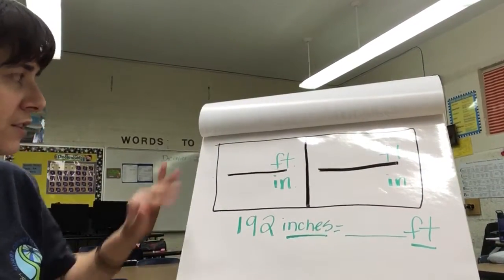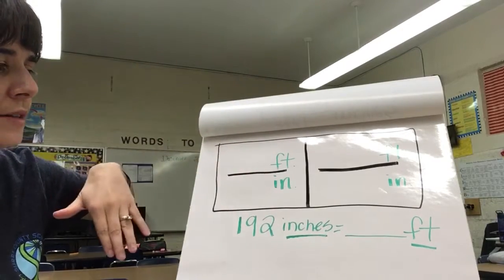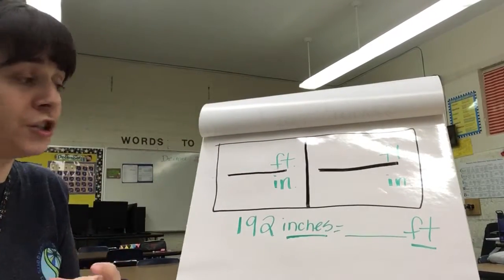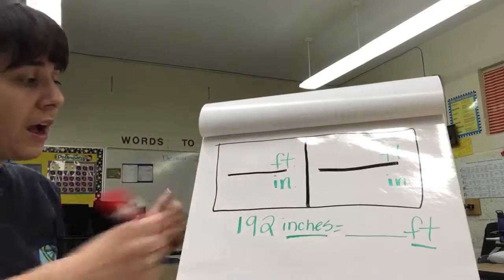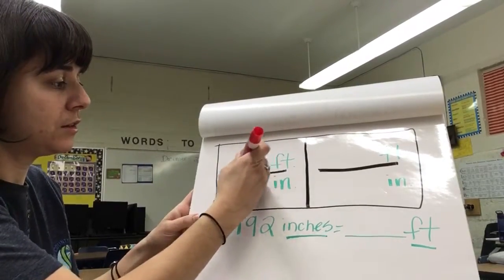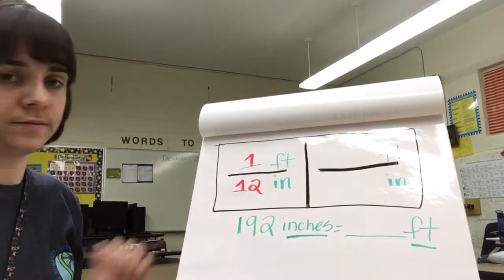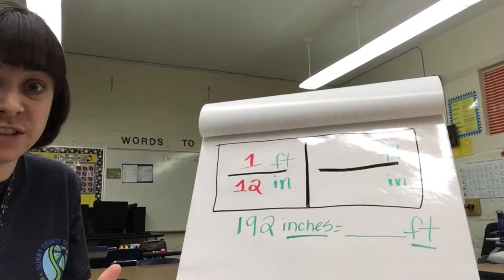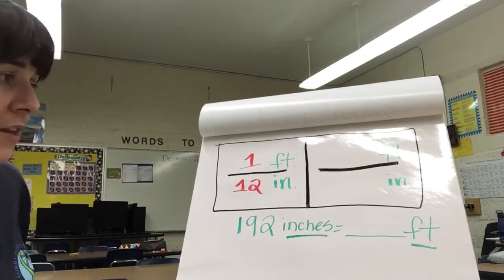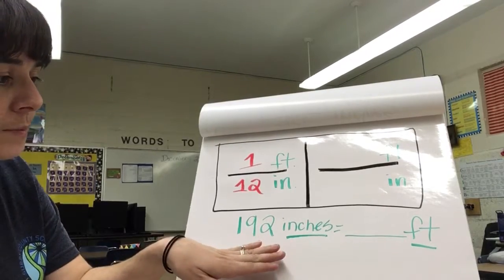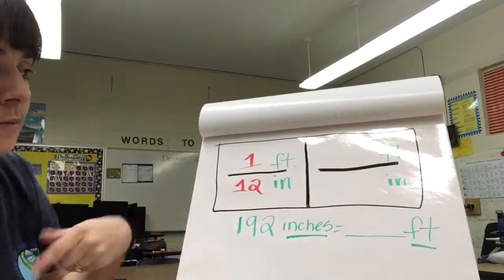And in my first fraction or my first part of the box, I'm just going to put the relationship between these two units. I know that in 1 foot, I have 12 inches. Okay, I'm just putting the conversion scale or the relationship right there. So in my problem, I don't know how many feet. That's what I'm trying to find.